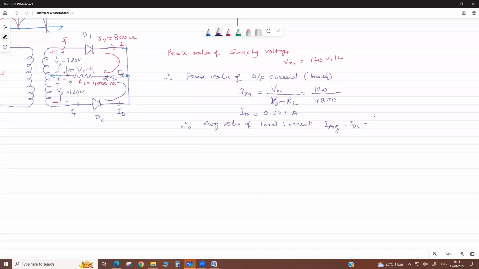You know the average value for full wave is 2Im by pi. 2 into 0.025 divided by 3.14. It comes to 0.0159 ampere. The first part of this question is solved.